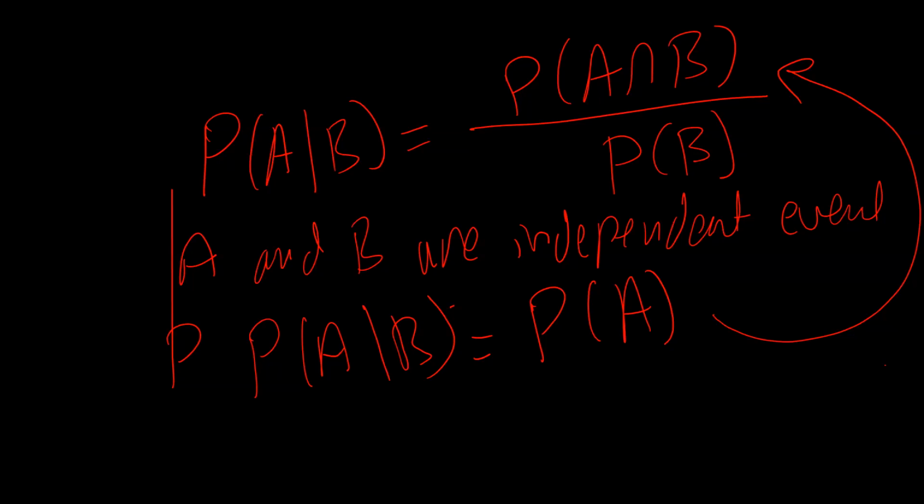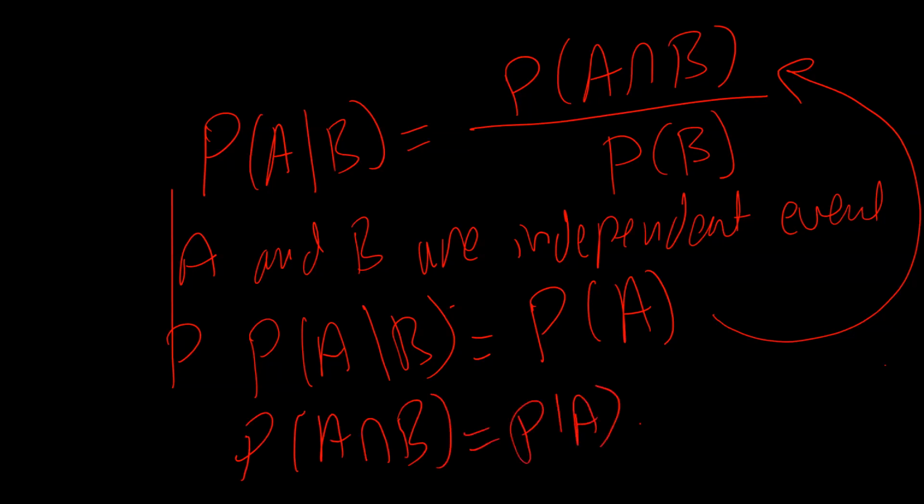Then we get that probability of A and B equals probability of A times probability of B.